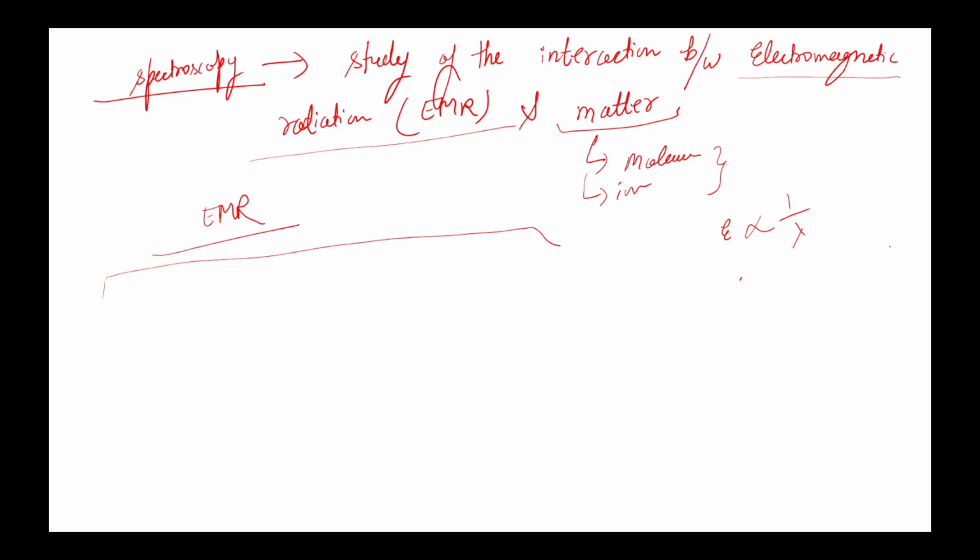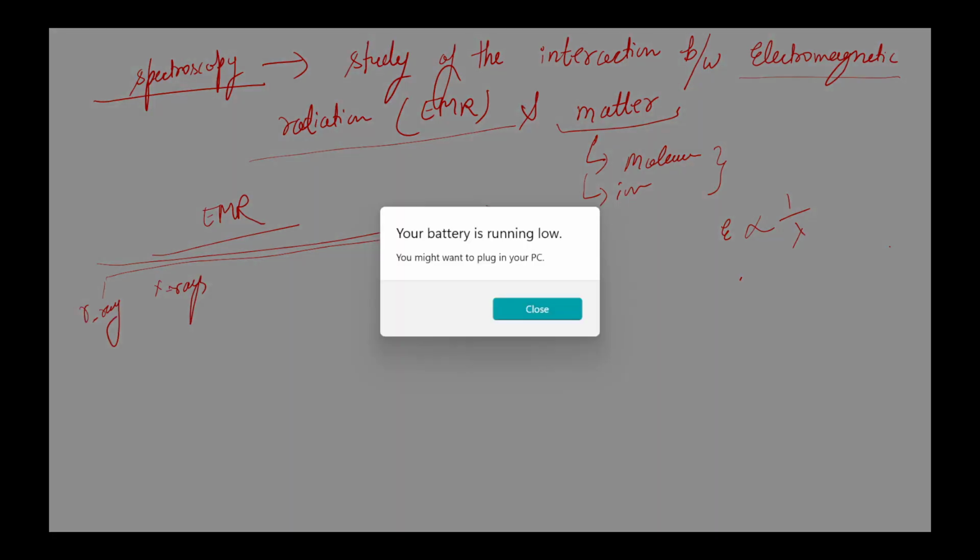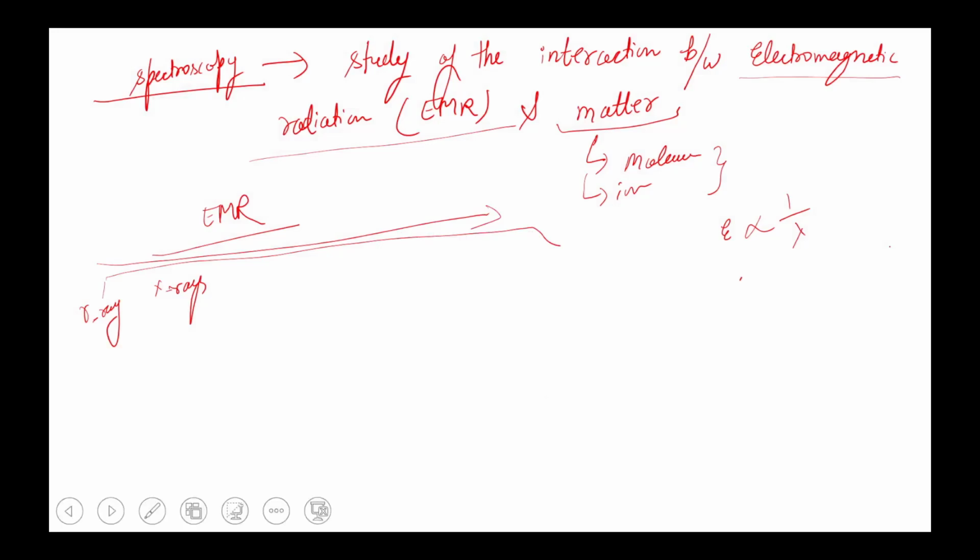In increasing wavelength, we have gamma rays, x-rays, and then the UV range, the visible range, and after the visible range we have IR waves, microwaves and radio waves.